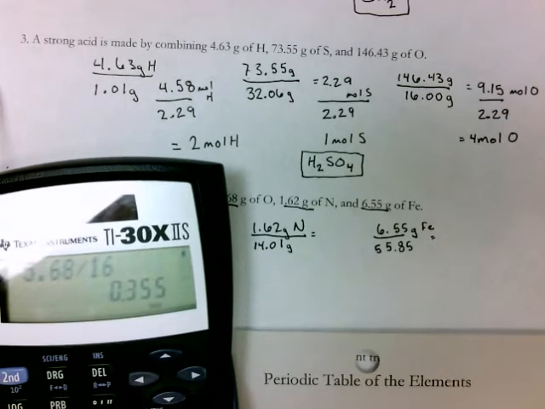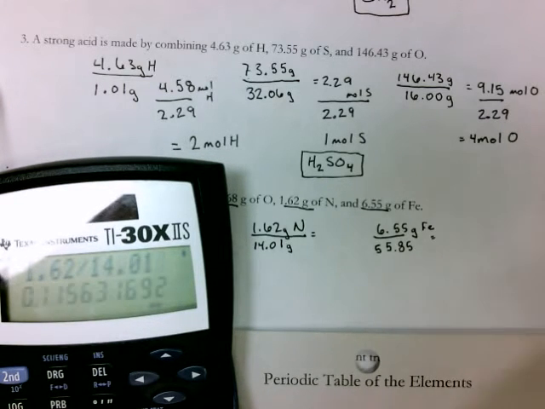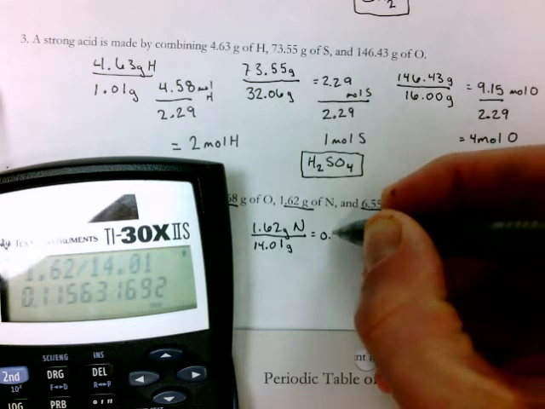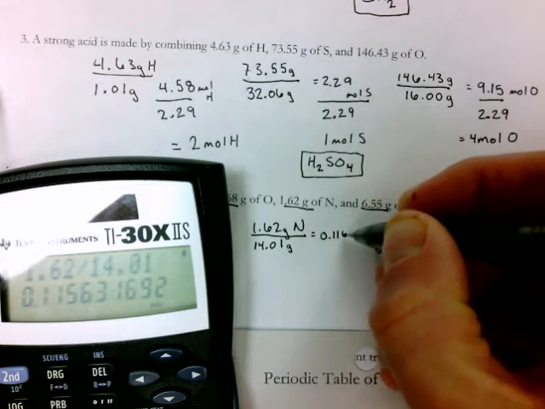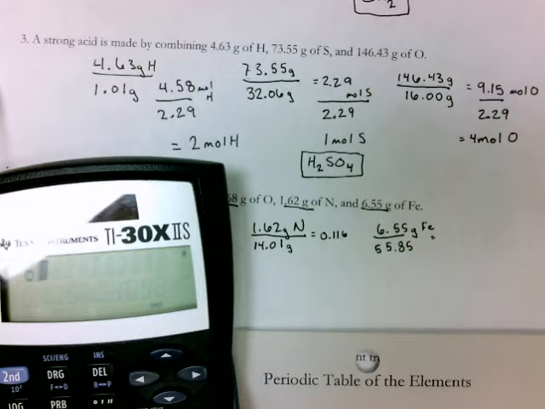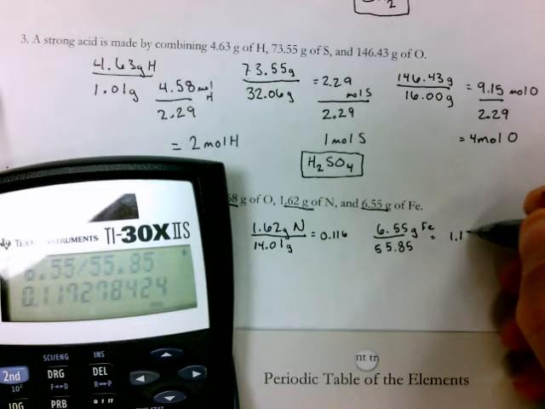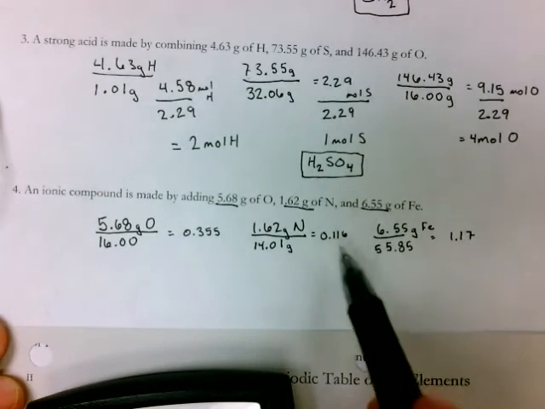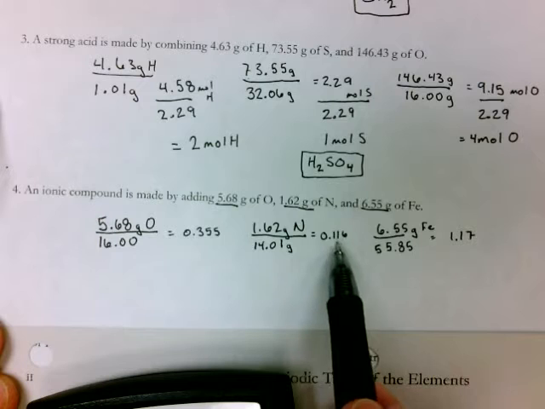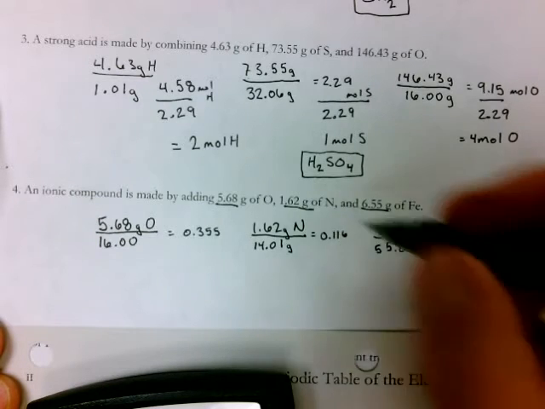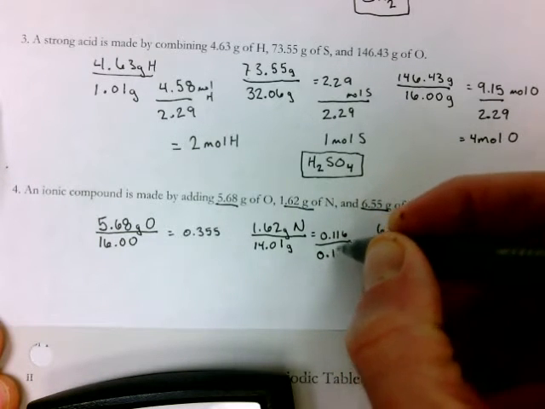1.62 divided by 14.01, 0.116, and then 6.55 divided by the 55.85, 0.117. Of these three numbers, nitrogen's mole value, this is 0.116 moles, is the smallest. Divide them all by the small.